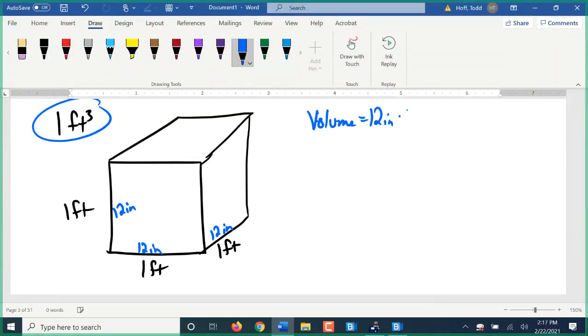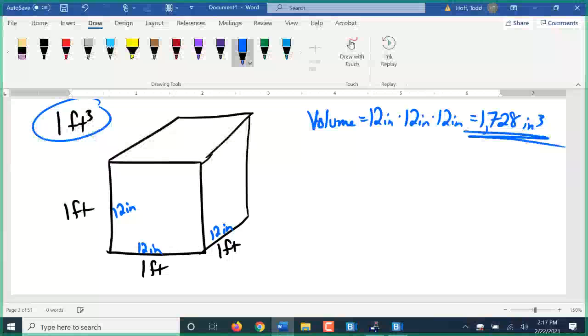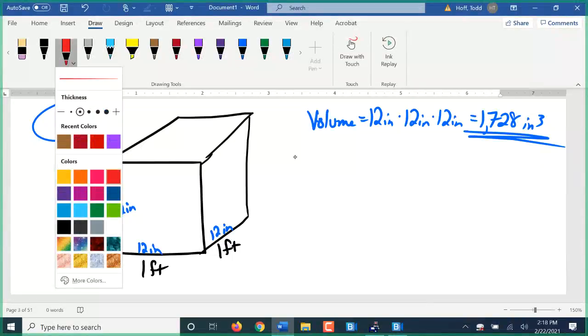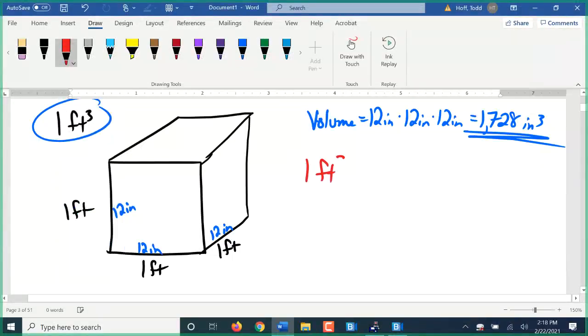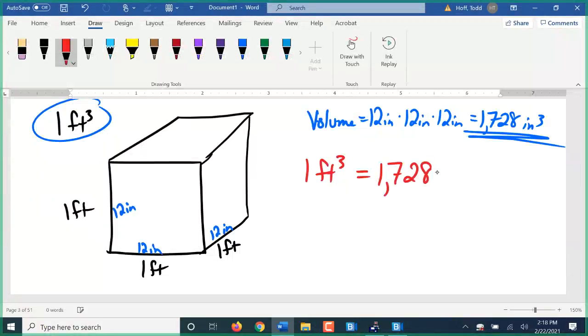12 inches times 12 inches times 12 inches. 12 times 12 times 12 is 1,728. Inches times inches times inches is cubic inches. So 1 cubic foot is 1,728 cubic inches.